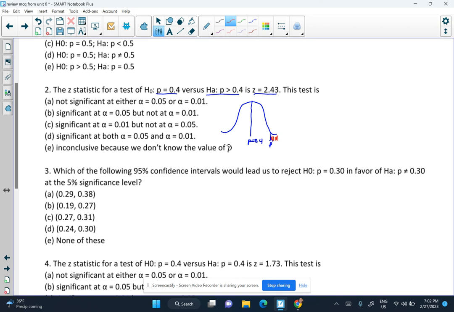But they didn't give us any of that evidence. What they did give us is the z-statistic. So that's equivalent. In other words, they kind of jumped a step for us. They calculated our test statistic.